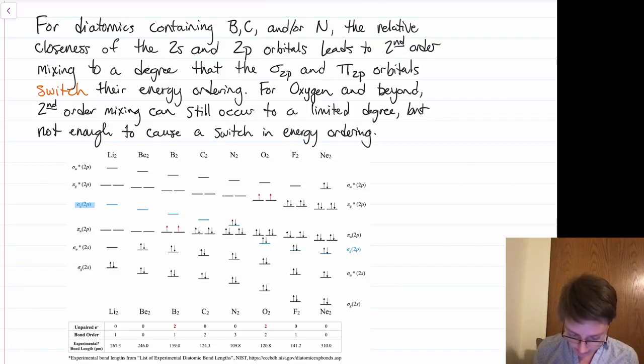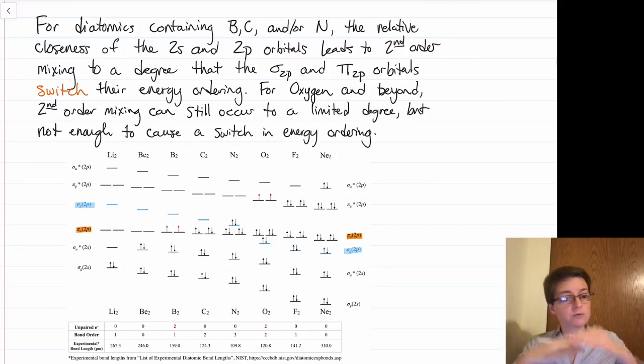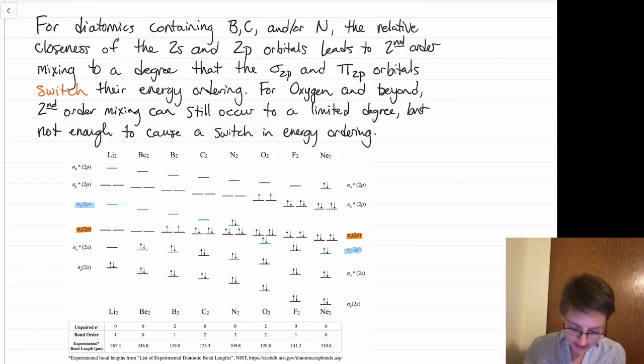And so while it starts off for elements where there's a large split between the 2s and 2p orbitals, and hence no appreciable second-order mixing, in an element like fluorine or neon below the level of the pi 2p orbitals, by the time we get to the left-hand side of the periodic table, those relative energy orderings have switched. And where that switch occurs is somewhere between nitrogen and oxygen.